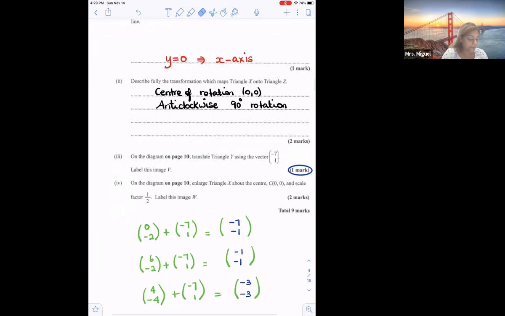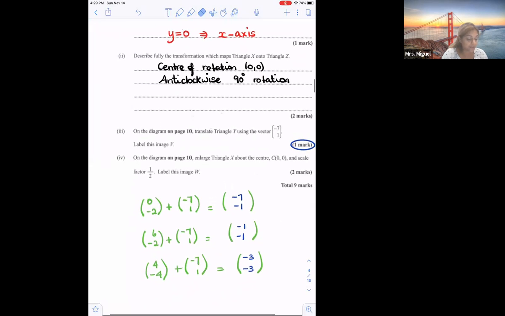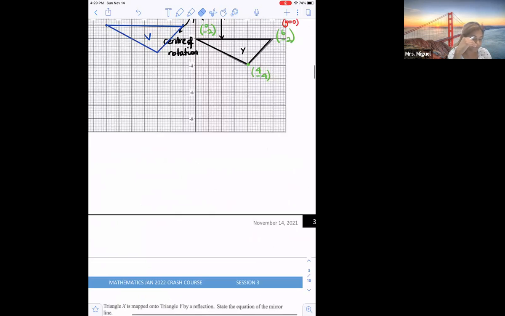So on the diagram in page 10, enlarge triangle X about the center with scale factor 1/2. So let's see. Now, it means that triangle X is going to get smaller.